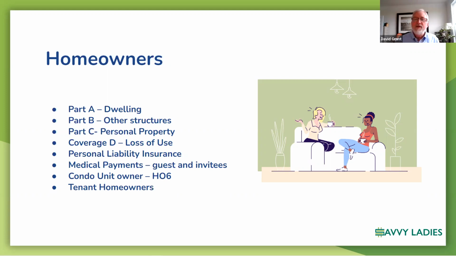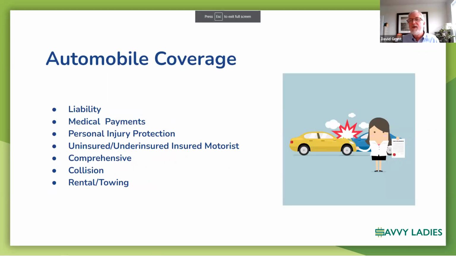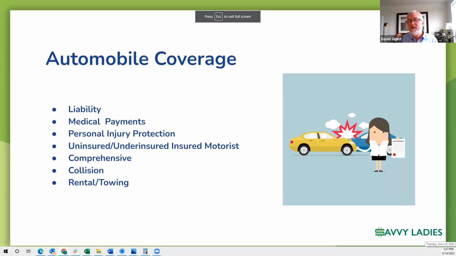Automobile insurance. Automobile for the general public, motorcycles, RVs. Automobile is where you have the potential for actually hurting somebody badly quickly. And it can happen very, very quickly.